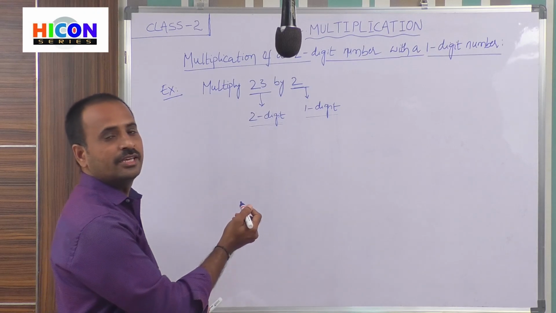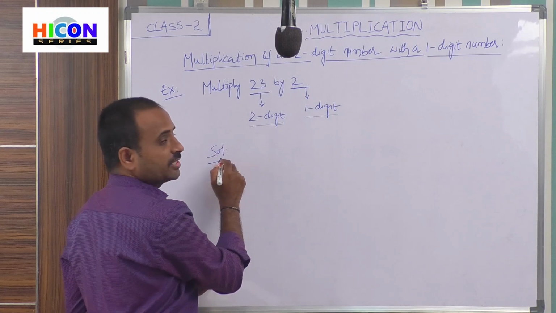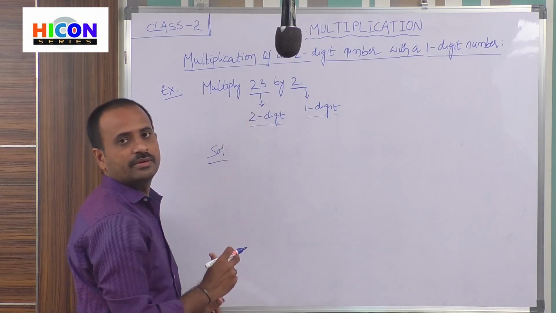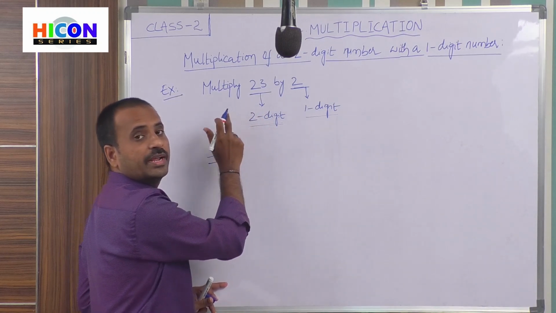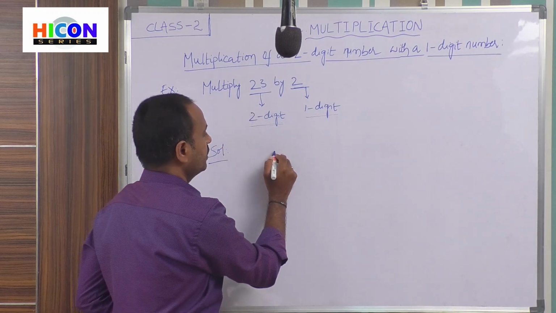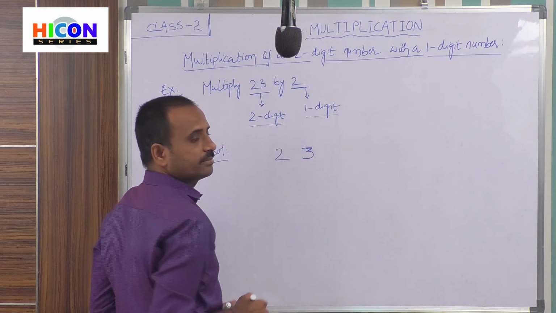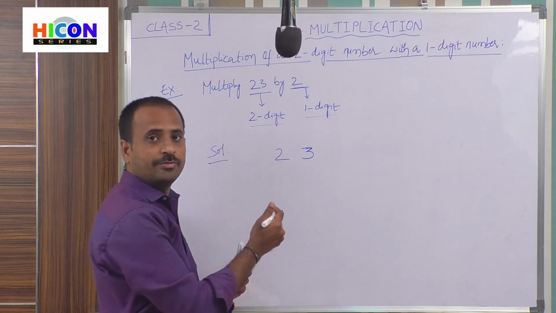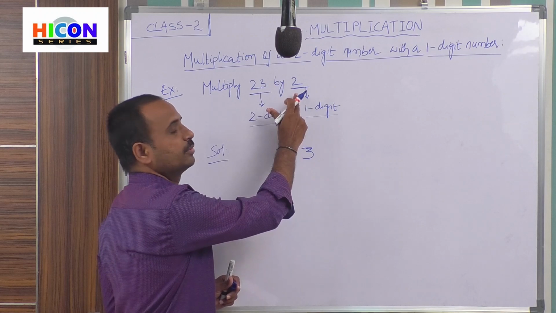Children, let us see how to do this multiplication. First write the two-digit number. What is the two-digit number here? 23. So write 23 here. Next write the one-digit number below the two-digit number. What is the one-digit number here? 2.